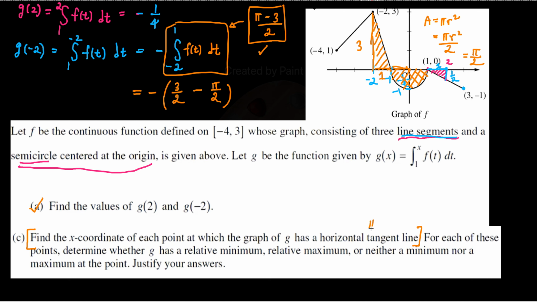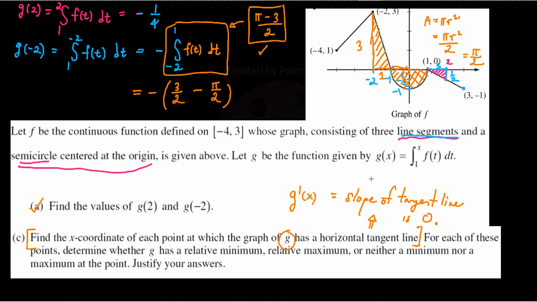And remember, horizontal tangent line means the slope of the tangent line is 0. So I want to find all the x values where the slope of the tangent line of G is 0. Now, in this case, we need to remember that if I want to talk about the slope of the tangent line, that's equal to G prime of x.